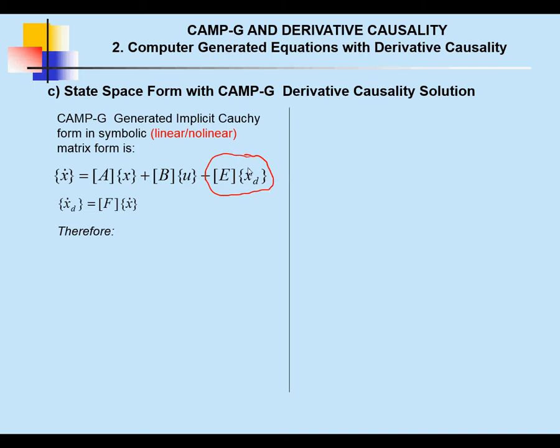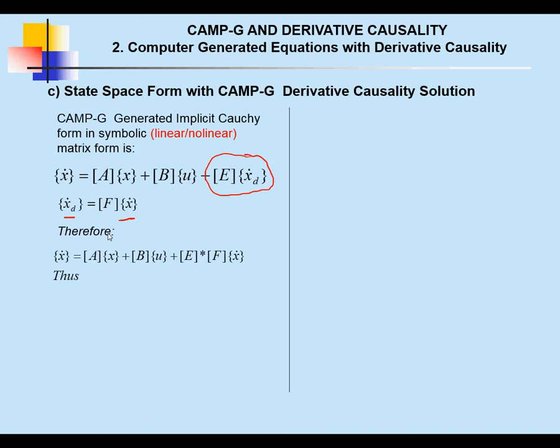So we have the normal ones plus this. And now we have to determine the value of this in terms of the normal variables. That's the dependency, you see.